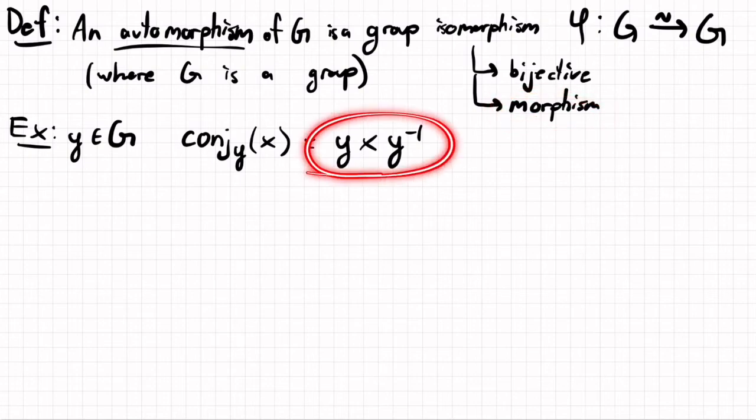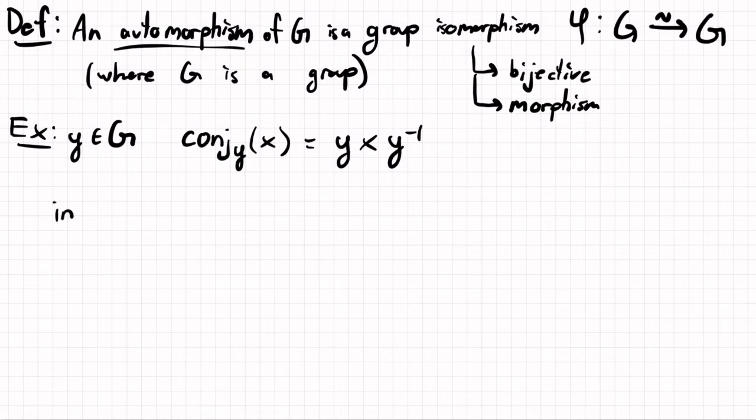So we can show that this is bijective, and one way of showing that something is a bijective map is to just construct the inverse function.